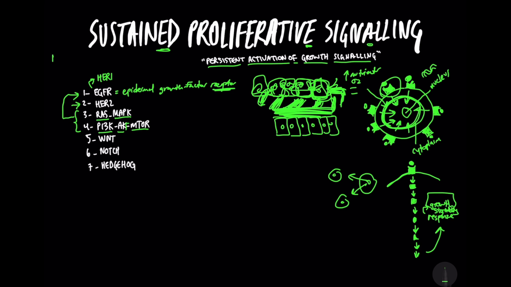So there is HER1, which is equivalent to EGFR, and there is HER2, which is what we're going to focus on next, and there are also HER3 and HER4, and so on.